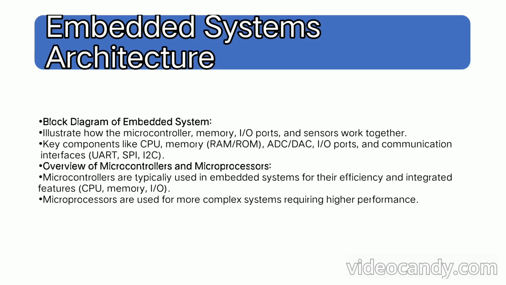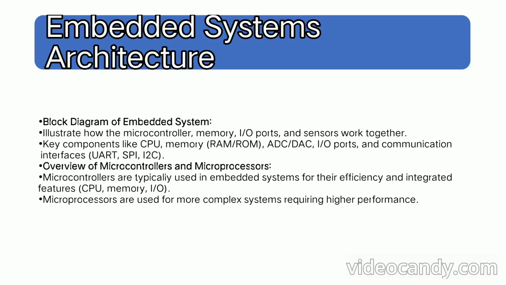Embedded system architecture. The block diagram of an embedded system majorly consists of microcontrollers and microprocessors, right? Microcontrollers and microprocessors are the major components used in embedded systems for their efficiency and integrated features. Microprocessors are used for more complex systems requiring higher performance.